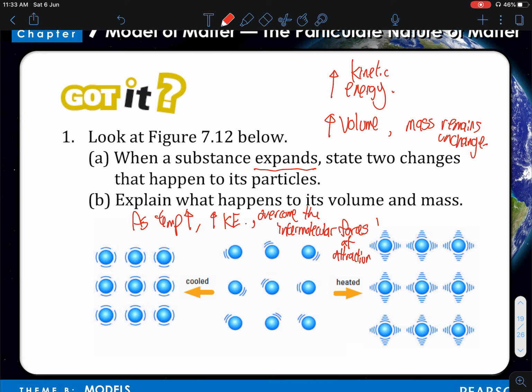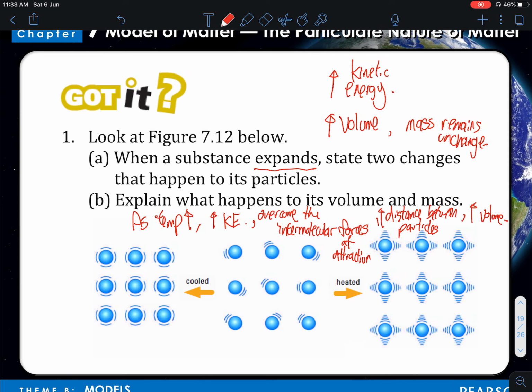This is actually the force of attraction hovering between the particles. When they overcome it, okay, they tend to move further away from one another, resulting in the distance between particles to increase.